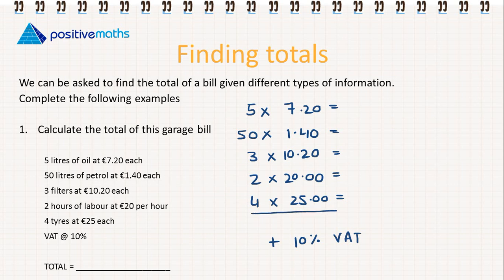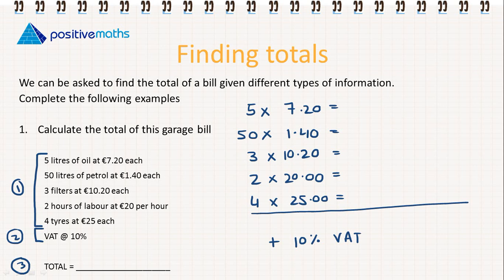So the first thing that we have to do is find the total of the bill, for all of these items that were bought, including the labour. The second thing is to calculate the VAT. And the third thing is calculating the total. We need to multiply these to find the total of each.